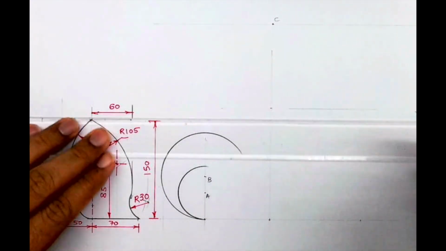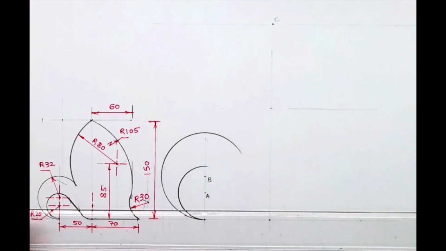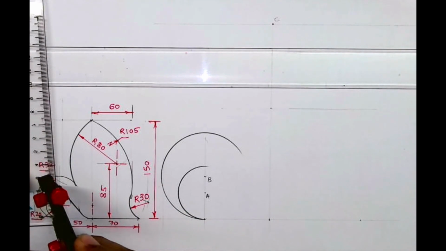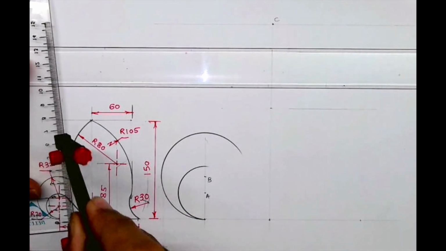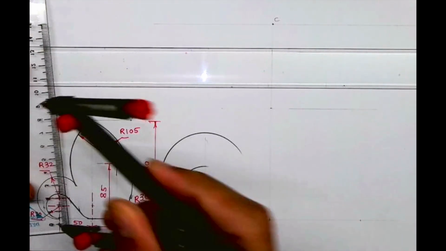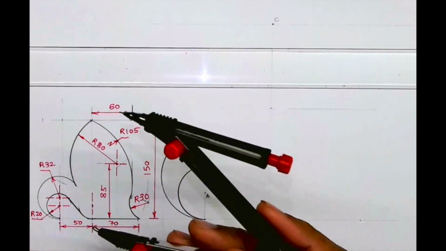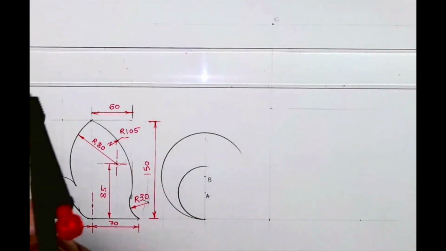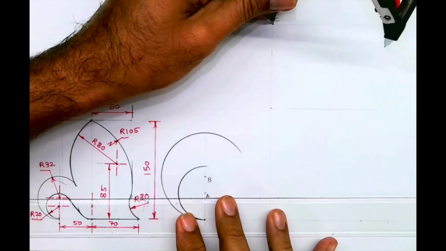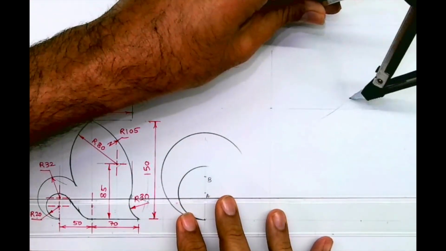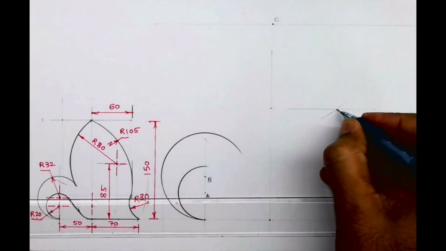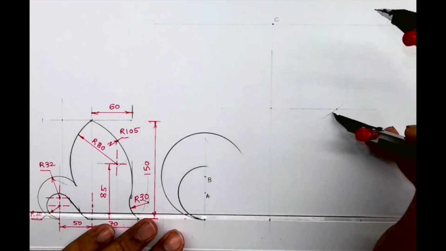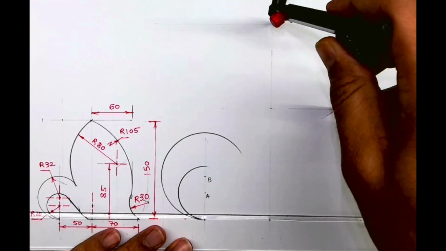I'll draw horizontal line, and from C we'll cut 80. So wherever it will cut, that is point D, and from D I will cut radius 80.